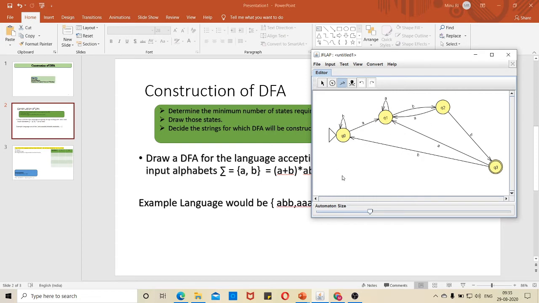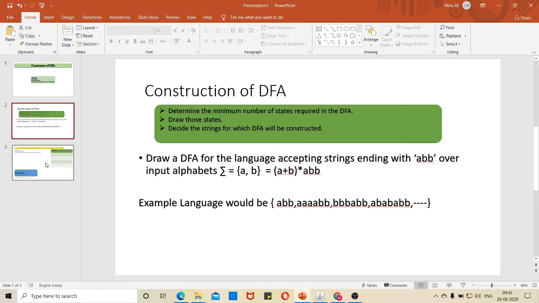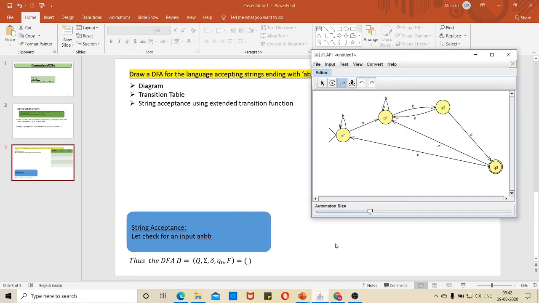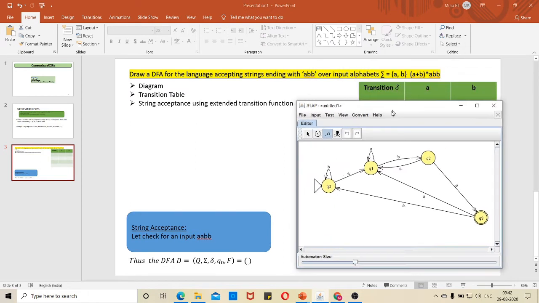So, you can see that I have drawn this complete diagram with the help of the input string. So, for this particular problem, this is our final DFA.